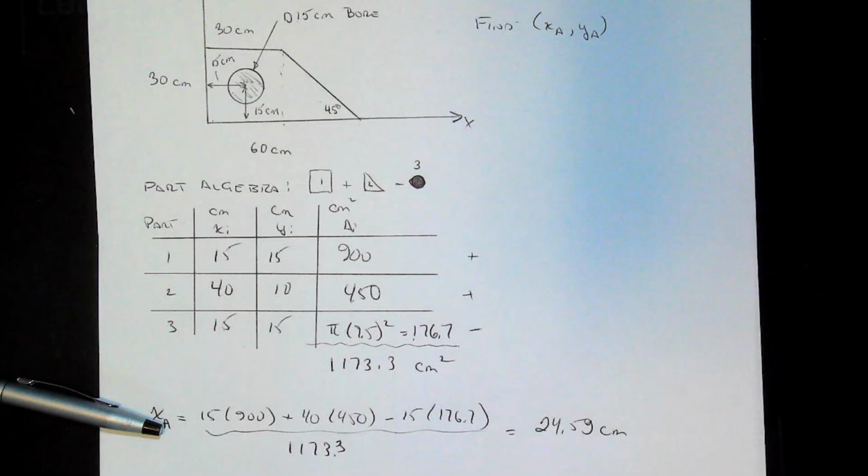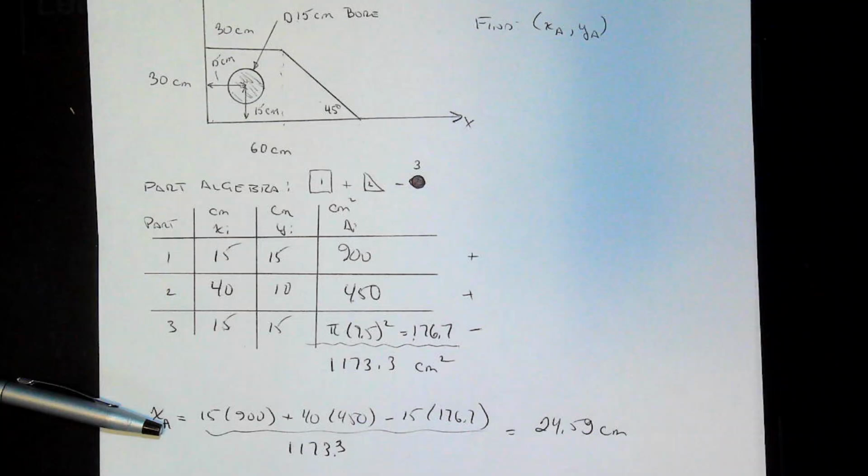So 15 times 900 plus 40 times 450 minus 15 times 176.7, divided by 1173.3, and we're left with 24.59 centimeters for the x.